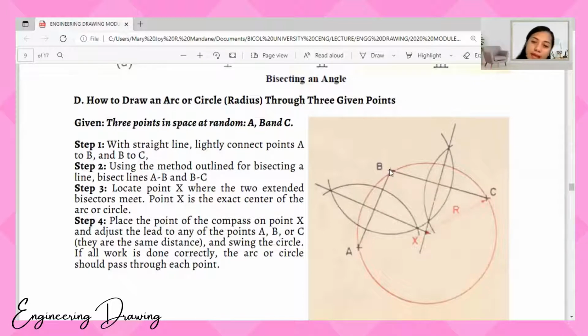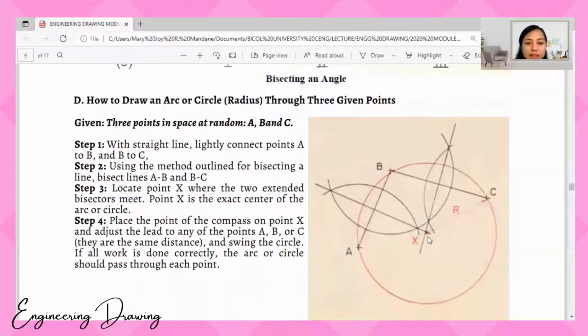So you need to bisect. And step 3, locate point X, where the 2 extended bisectors meet, and point X is the exact center of the arc of the circle.